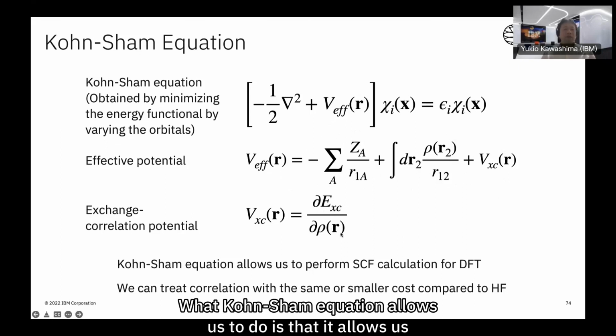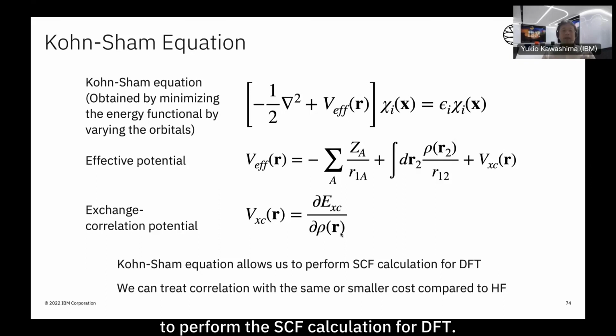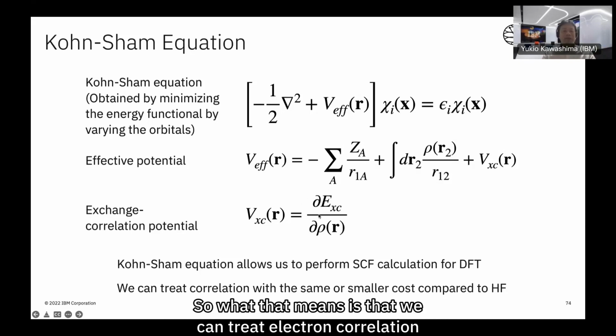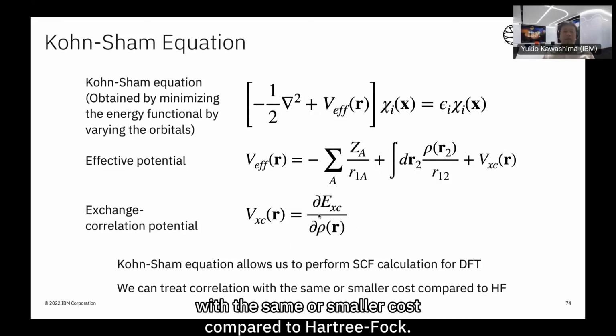What the Kohn-Sham equation allows us to do is perform the SCF calculation for DFT. And what's appealing is that we have the correlation in this exchange correlation potential. So what that means is that we can treat electron correlation with the same or smaller cost compared to Hartree-Fock.